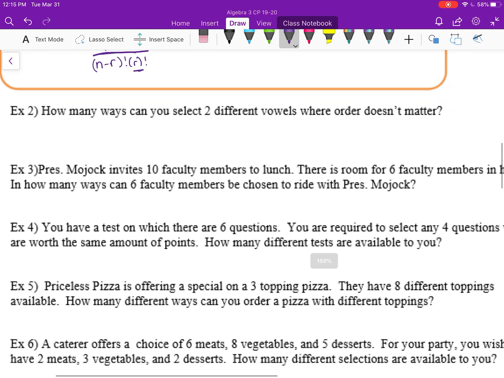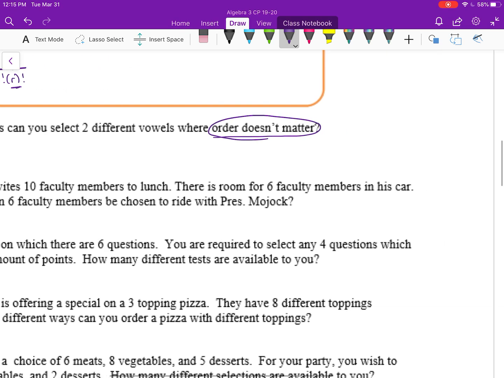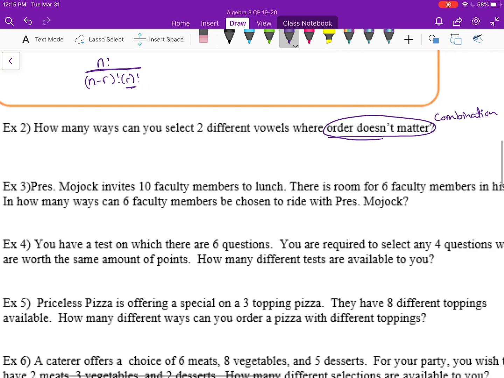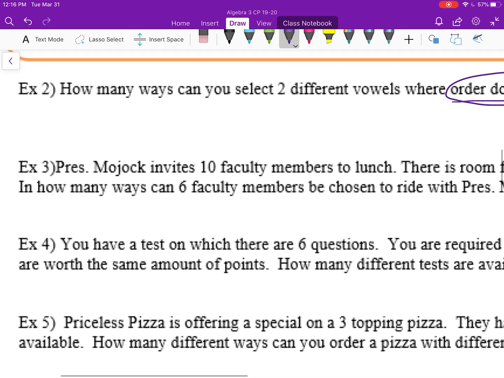All right. If we look at these examples here, the first one says, how many ways can you select two different vowels where order doesn't matter? Anytime you see that order doesn't matter, that is indicative that you're talking about a combination. In this case, like I talked about last lesson, we have 5 total vowels, of which we want to choose 2.